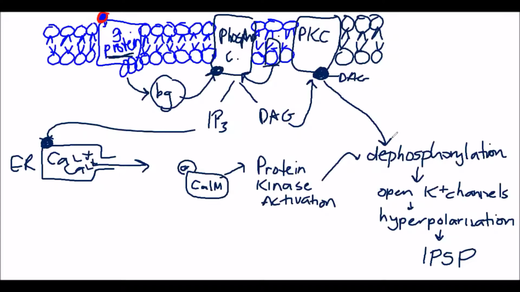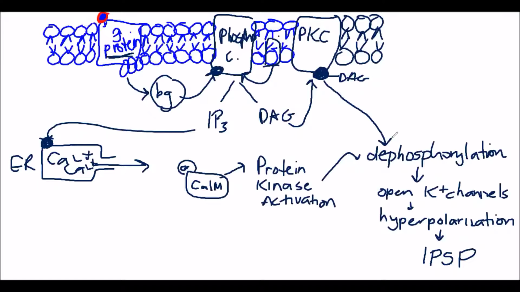That's going to cause the beta gamma subunit to dissociate from the alpha subunit. The beta gamma subunit is going to go bind to phospholipase C. Phospholipase C is going to pull a phospholipid from the phospholipid bilayer and turn it into IP3 and DAG. So we'll go over IP3 first.